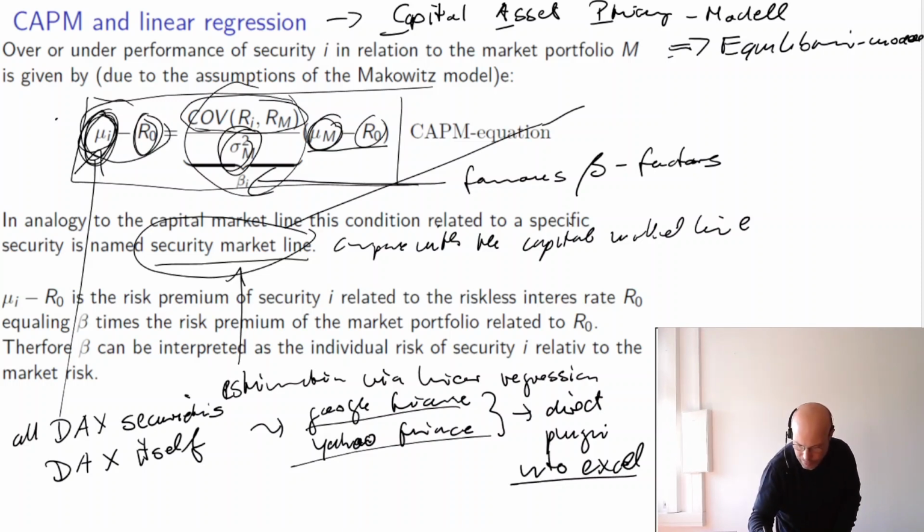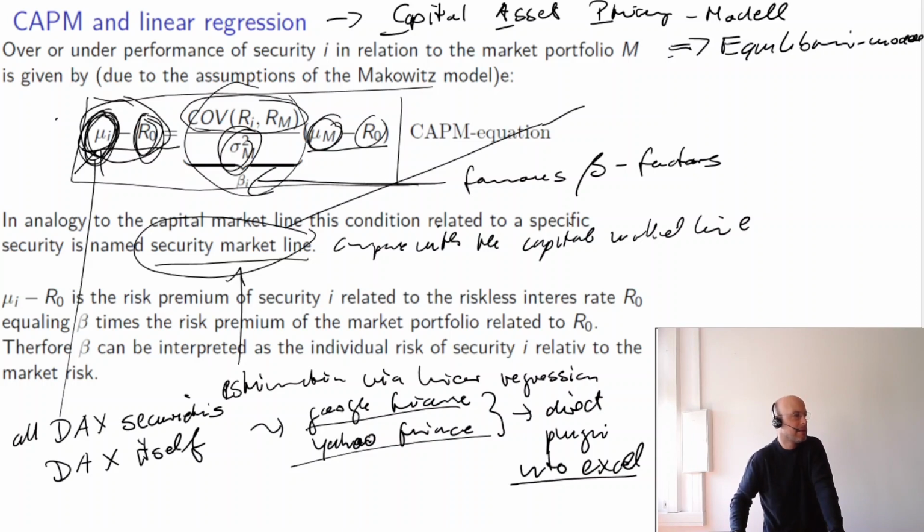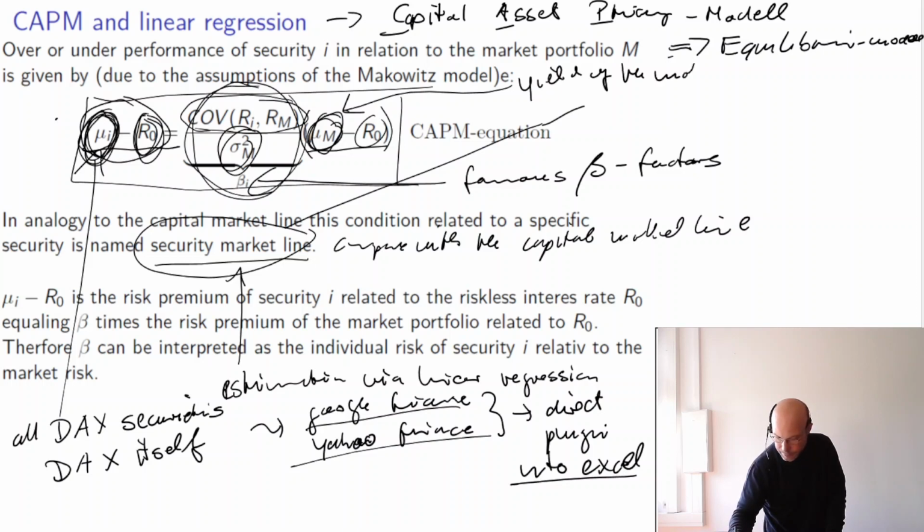Here we have more or less the same structure in this security market line: the difference of the yield of the single security mu i minus the riskless yield R0 equals some constant, called beta, the famous beta factor, times the difference between the yield of the market portfolio and the riskless asset.